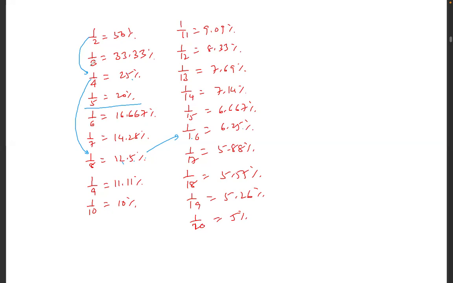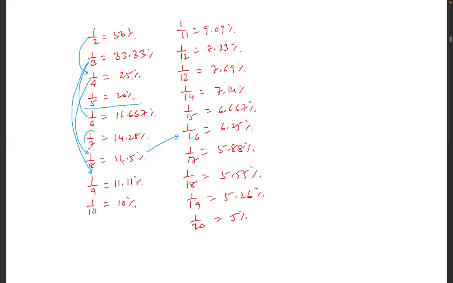Fine. Now, 1 by 3 is equal to 33.33%. 1/3 of this is 1 by 9. Okay. So 1/3 of 33.33 is 11.1. Easy to remember. Half of 1 by 3 is how much? 1 by 6. So 33.33, half of this is 16.66. 1 by 7.